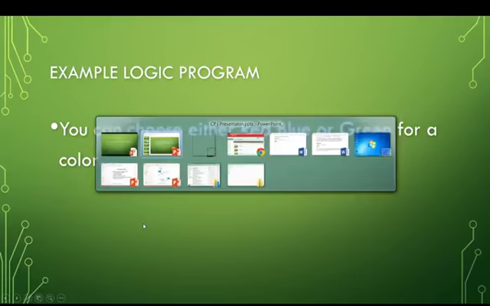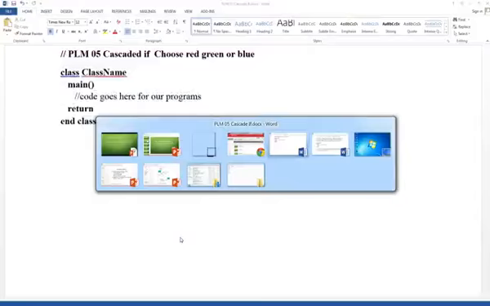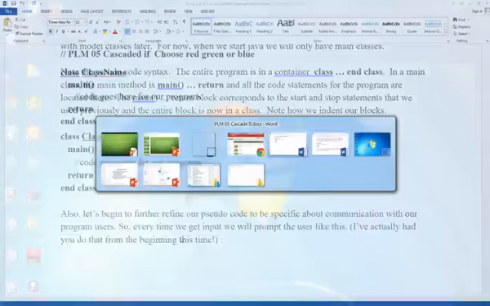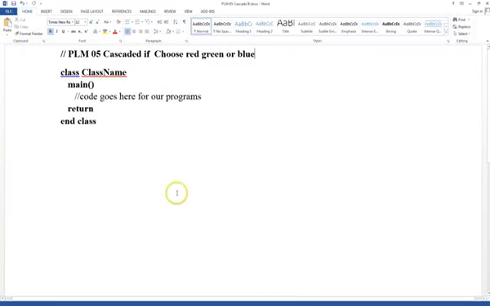Okay, let me go ahead and get into my Word document. I wonder if that'll let me shift back. Yep, good. So I've set up my program here, and this is for the Programming Logic and Methods section, Demo 5, the Cascaded If. I have a title here and a little description of what it did, and this is in a comment block.